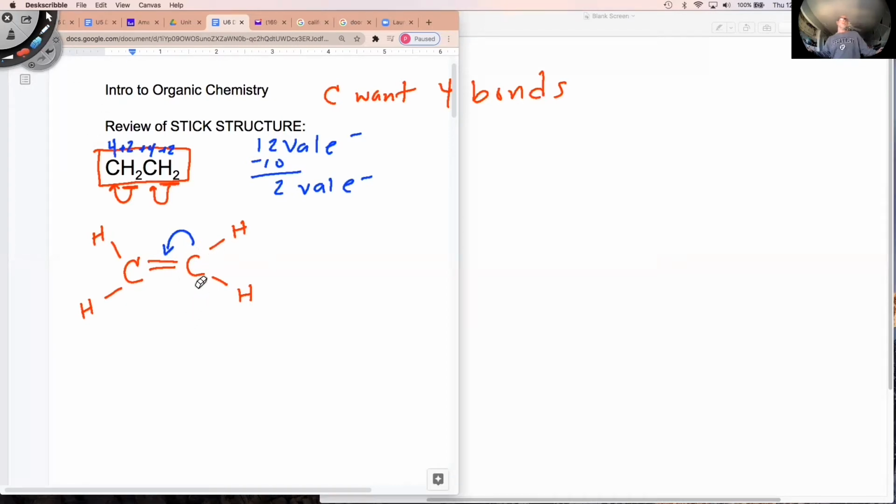For convenience, you can leave that little arrow there saying, oh yeah, I shared some electrons. Perfect. You want to get rid of it? Perfect. And this is known, ladies and gentlemen, as a stick structure. Stick structures are very useful to use. All right? So I'm going to pause and we're going to move on.